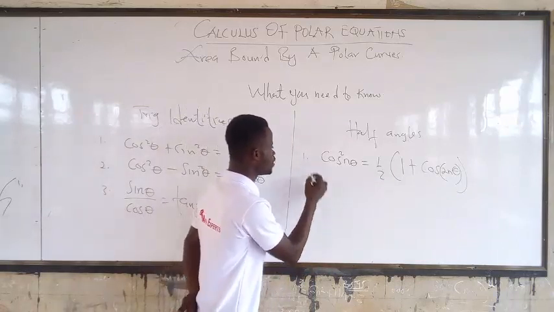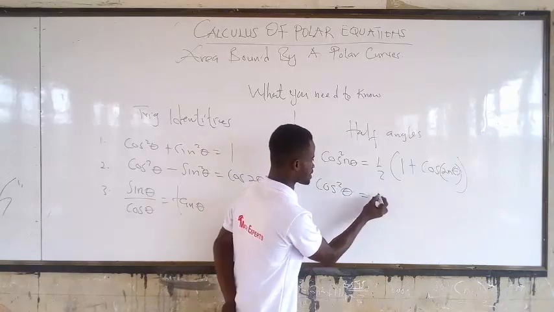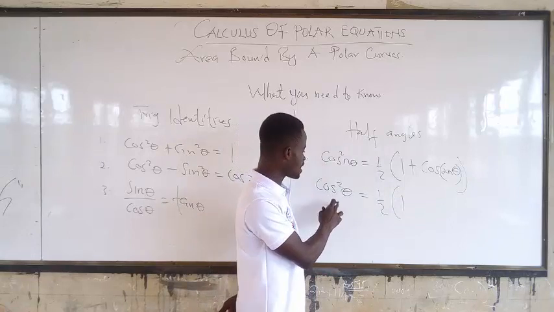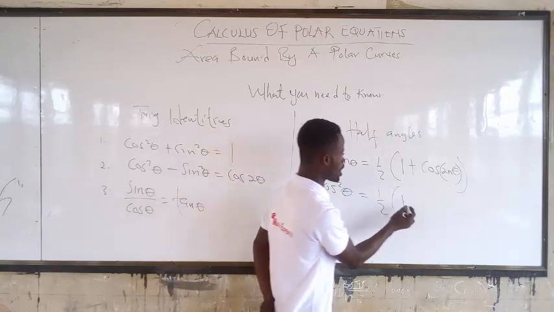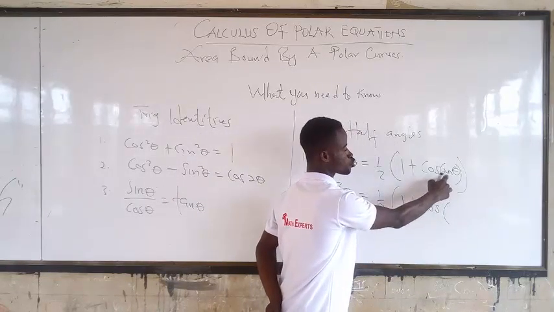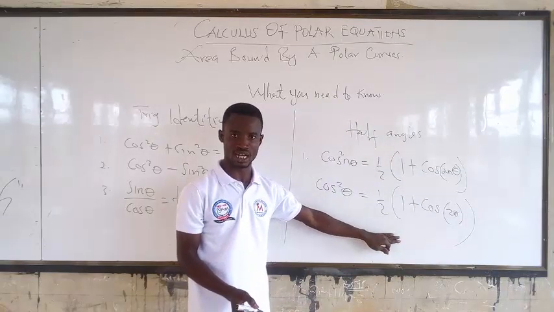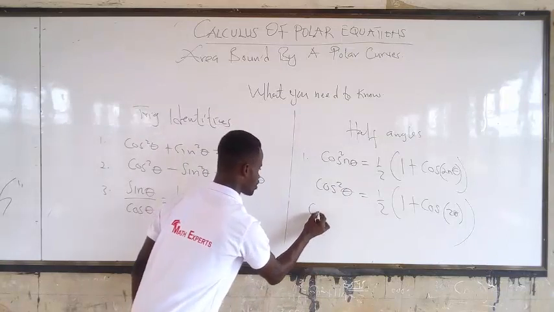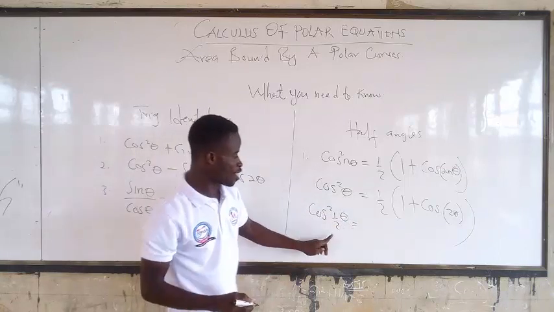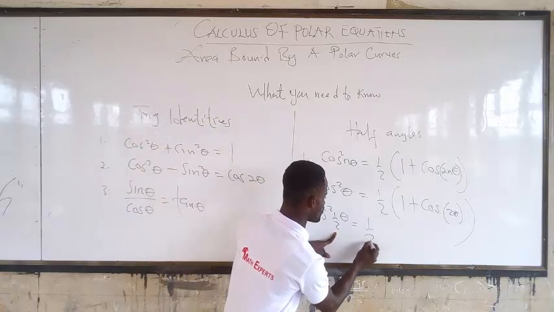That means that if you meet cos squared theta, the n here is what? 1. That is the coefficient. So here is going to be 1 plus cos, then the n is 1, so 2 theta. So that's what this is going to give you. I hope it's clear. Alright. So if you meet cos squared half theta, that means the n here is what? Half. Good. So here is going to be 1 over 2.